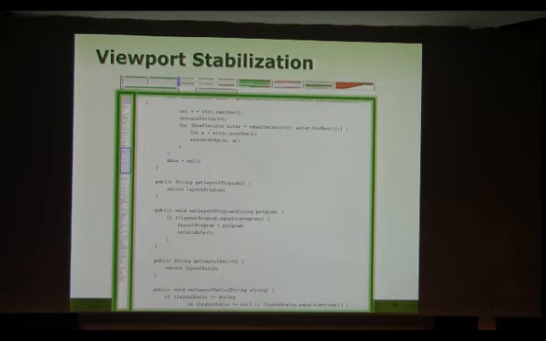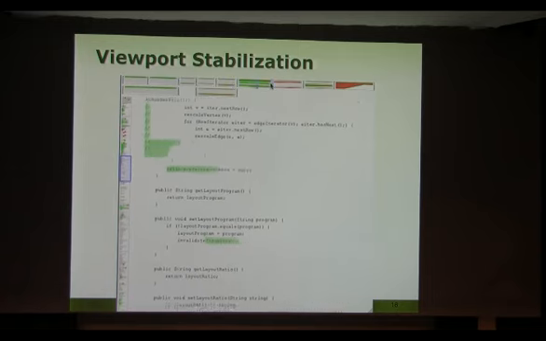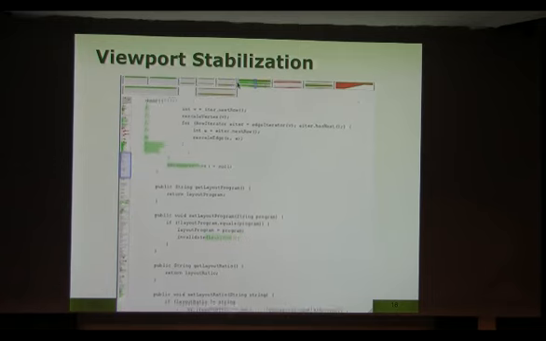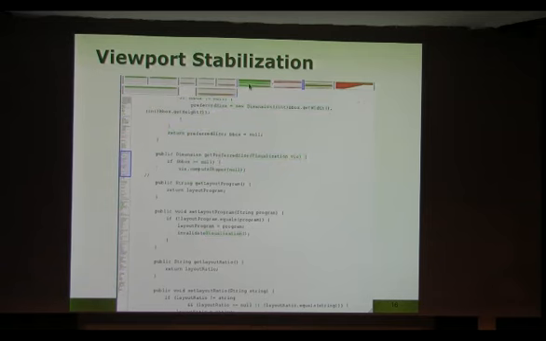So I will show you in a short video how it works. Keep focused on both the scrollbar and the content of the main document. So we navigate in time, and you can see on the scrollbar that some changes occur before the viewport, below the viewport, but the content of the main view remains stable.